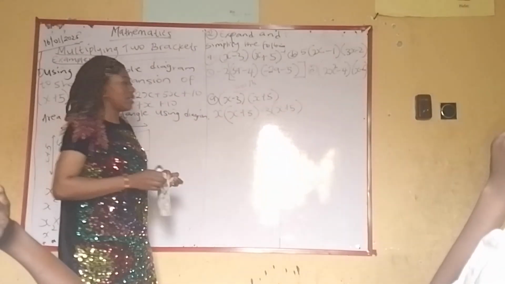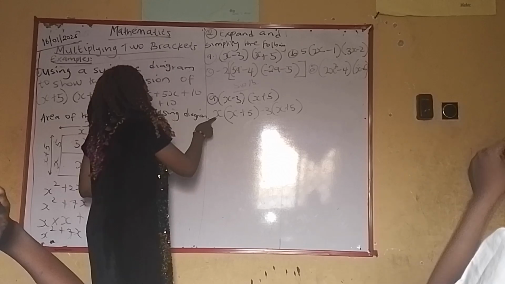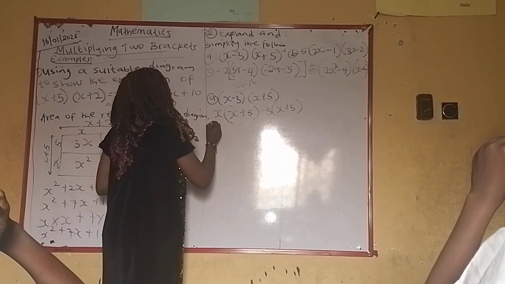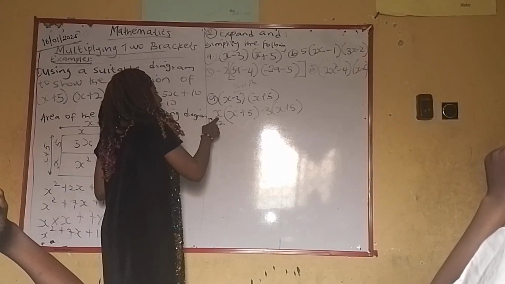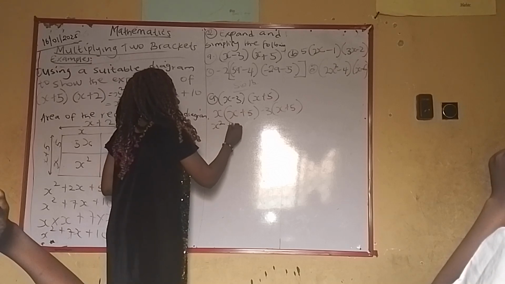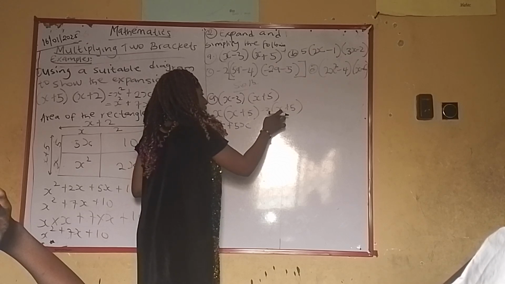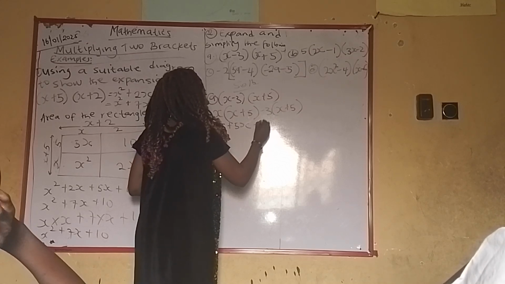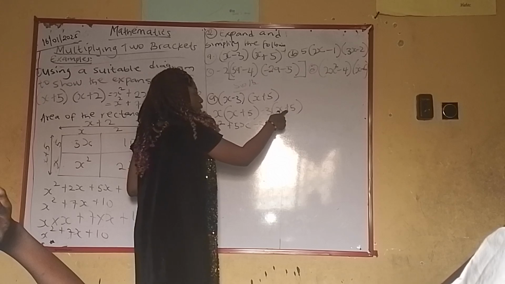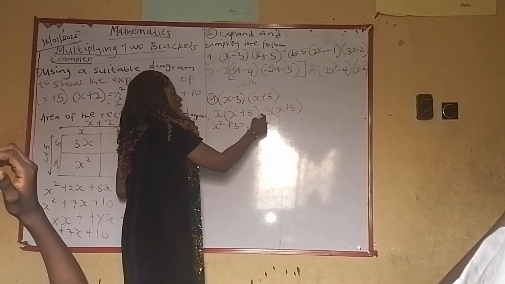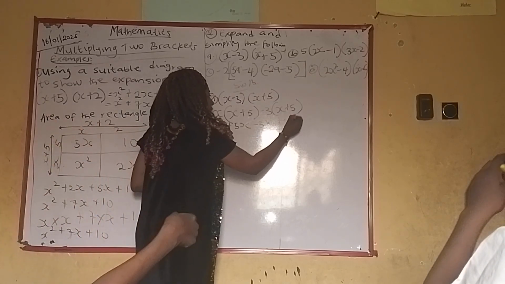Do you understand? Okay, so let's move on. x times x is what? x squared. x times 5 is plus 5x. Now let's move on. Minus 3 times x is what? Minus 3x. Minus times minus is what? Plus. 3 times 5, 15.